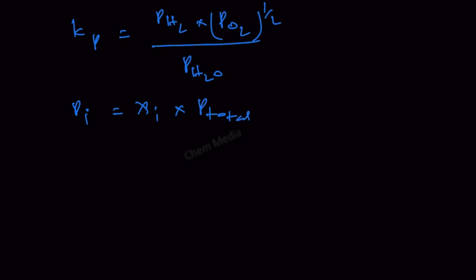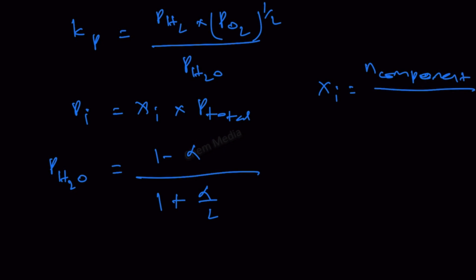So therefore, partial pressure of water is equal to 1 minus alpha divided by 1 plus alpha by 2, because mole fraction is equal to the component divided by the total. That's how we came here.